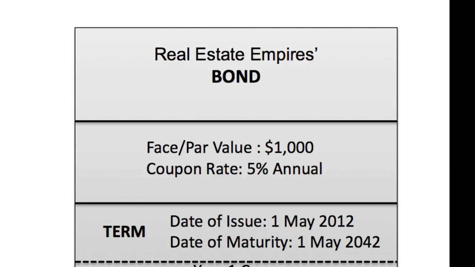Then whenever the bond becomes mature on 1 May 2042, Real Estate Empire is going to have to pay Jesse the $1,000 back that he initially purchased the bond for. In between those 30 years, Jesse's collecting his interest on his $1,000 investment.